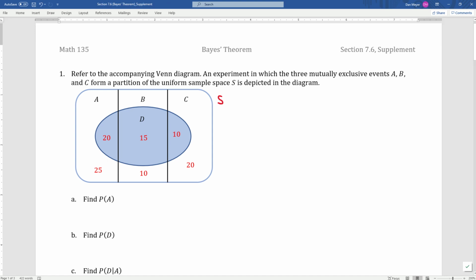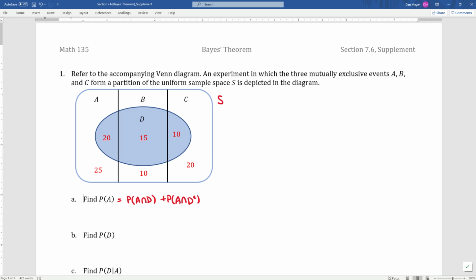In part A, if we want to find the probability of event A, it consists of two pieces. There's the part of A that happens with D, and the part of A that happens with D complement. Now, if you add up all the numbers in the Venn diagram here, they add up to 100.